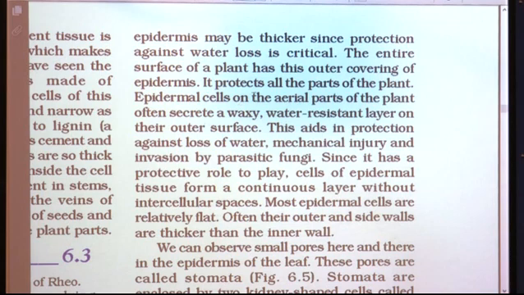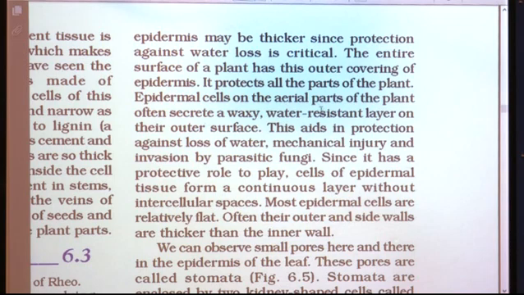Now epidermal cells on the aerial parts of the plant often secrete a waxy, water resistant layer on their outer surface. Epidermis, as I have told, is present on all the parts of the plants, but on the aerial parts, meaning the upper parts of the trees, the epidermal cells often secrete a waxy substance, and there is a water resistant layer on their outer surface.